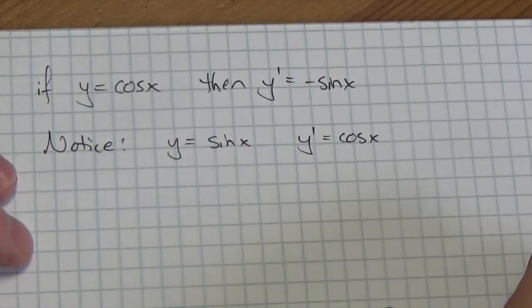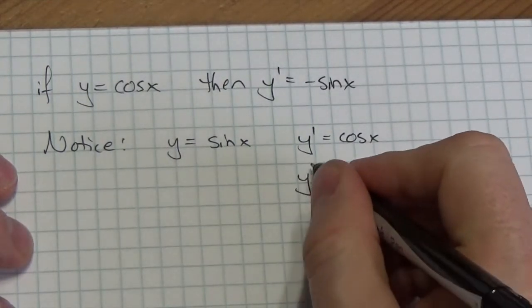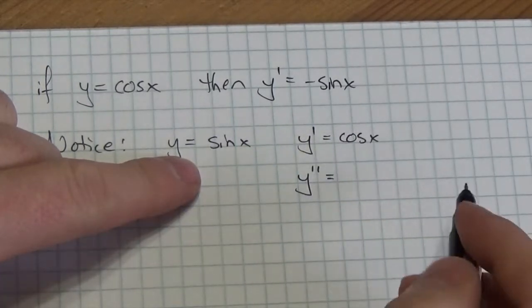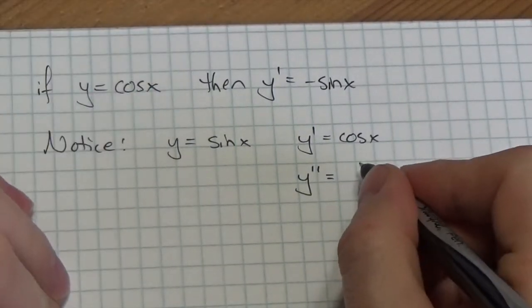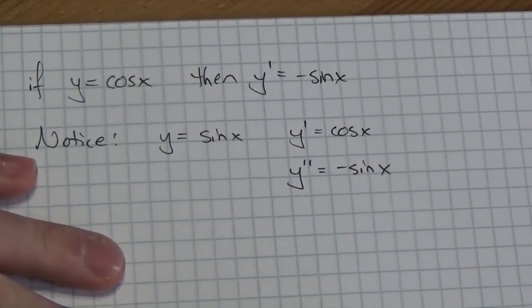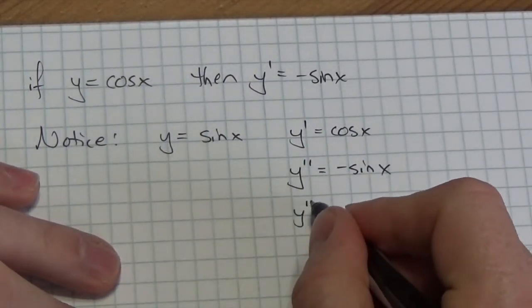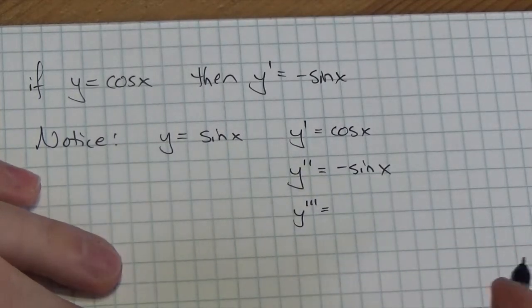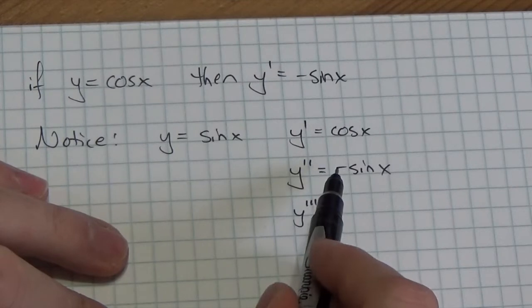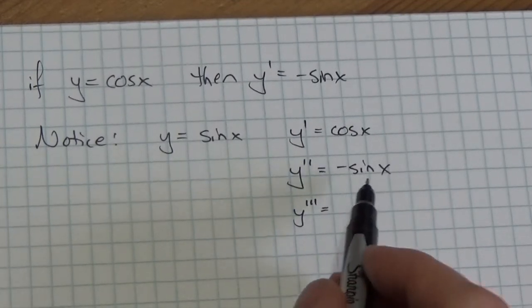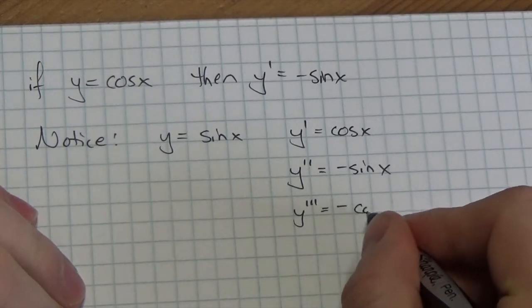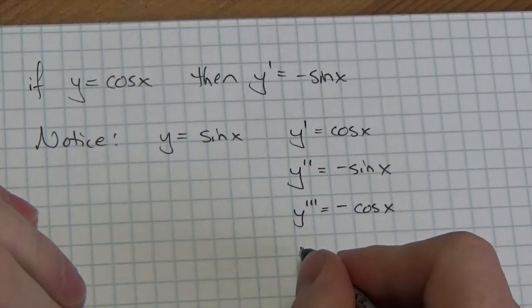We've already seen that. Now, if I take the second derivative of sine, that means taking the first derivative of cosine, and I showed you graphically, this is going to be the negative sine of x. But now let's take the third derivative, which means taking the derivative of the negative sine of x. Well, we don't really need to worry about the coefficient. That's very similar to the work that we've done before. We really just need to worry about the sine of x. So it's going to be the negative cosine of x.